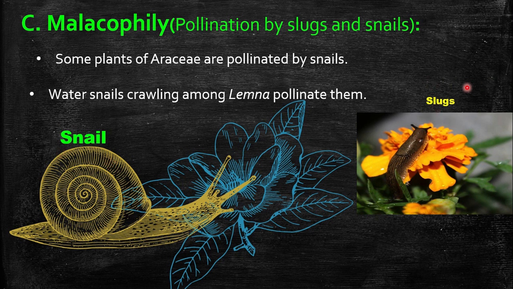There is a difference between snails and slugs: a snail has a shell, but a slug doesn't have a shell. This is the difference between snails and slugs.